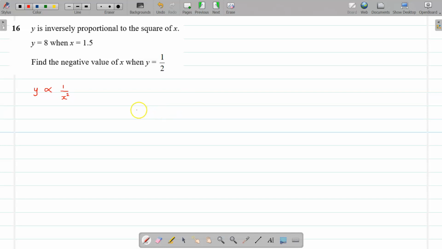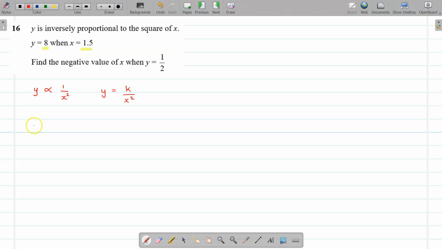Next I write down that y therefore equals some constant k times 1 over x squared, or k over x squared, same thing. Then I use what we call the boundary information to work out what k is. So I'm told that y is 8 when x is 1.5. So I plug those into this equation.